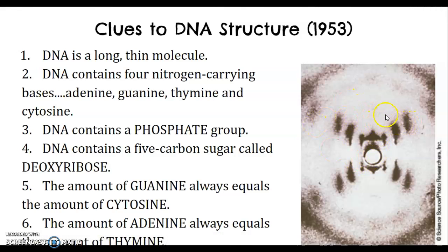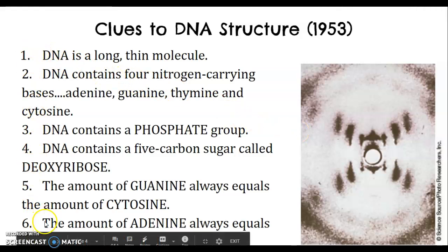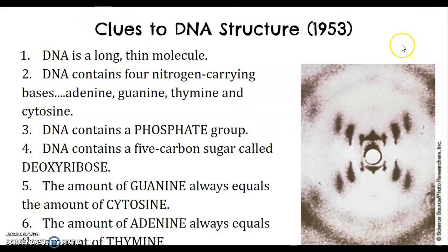She used a process called X-ray crystallography, which is very important in cracking the case to figure out what the structure of DNA was. On the left-hand side, you'll see all of these different clues of what was known about the structure, but until they kind of had this picture, it was the missing piece that showed that it looked like a twisted ladder.